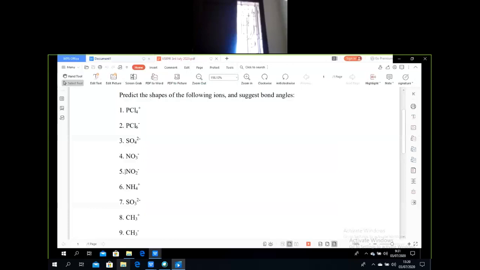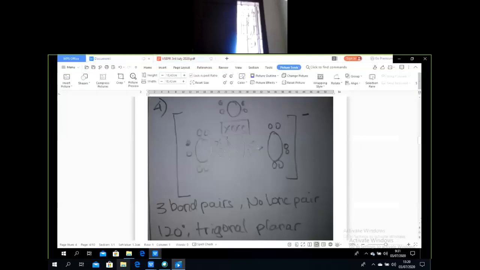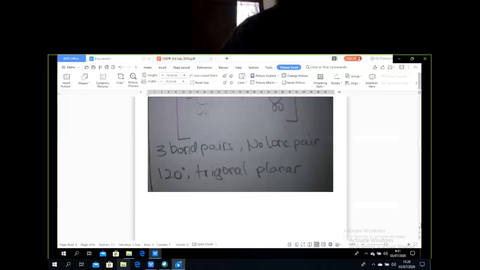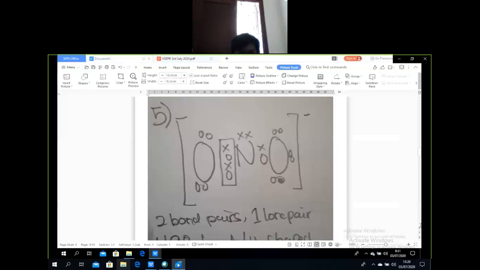Next, the nitrite ion, NO2 negative. Let's see the diagram. The diagram has to be drawn as a dot and cross diagram. Let's see here, number 5, and there is a double bond with the oxygen.